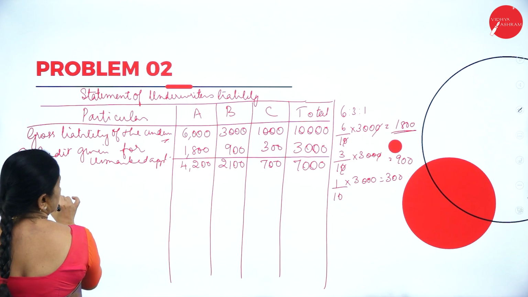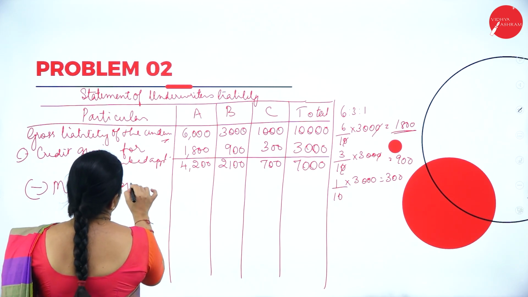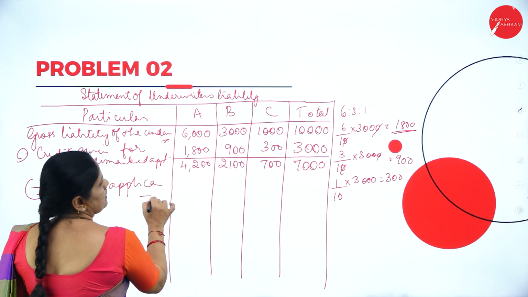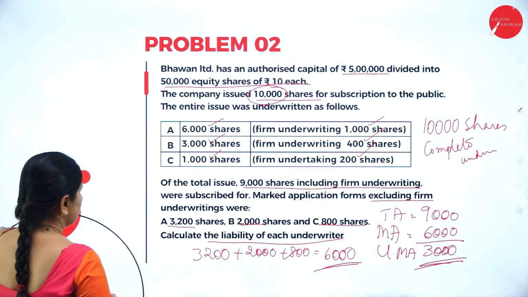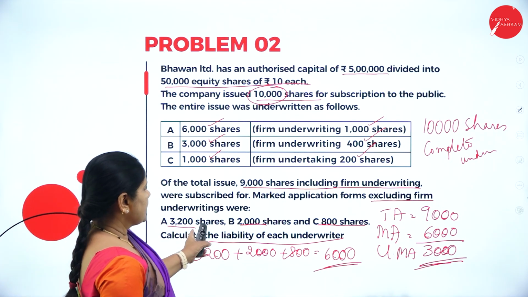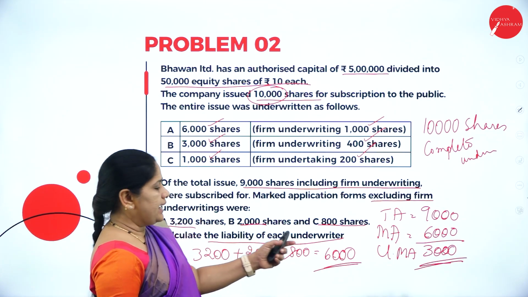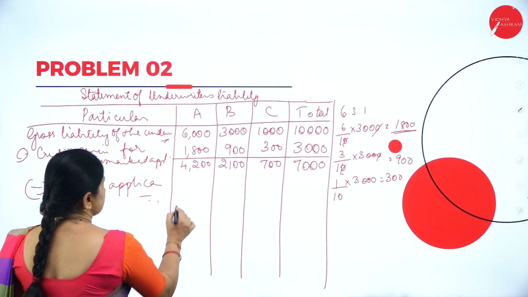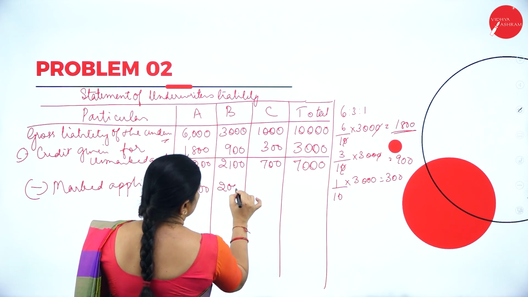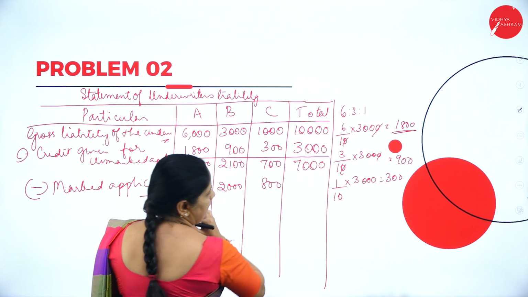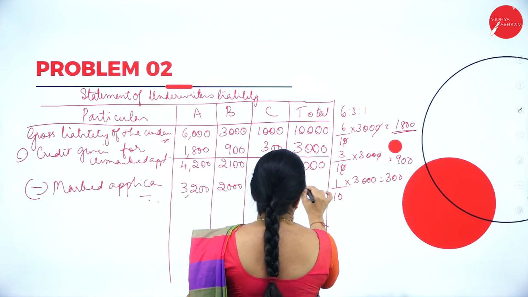Now, less marked applications. Now, what are the marked applications here? We will see here. Out of this, marked applications were 3,200, 2,000 and 800. So it comes up to 6,000.